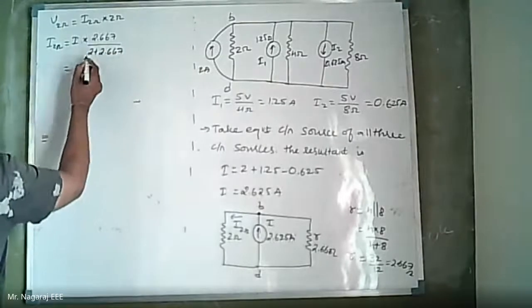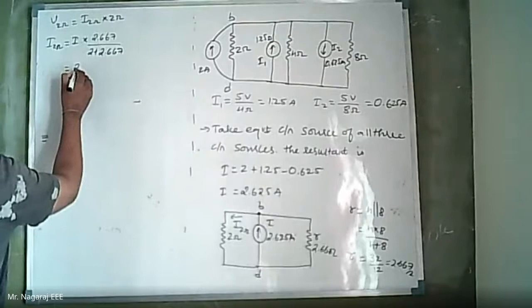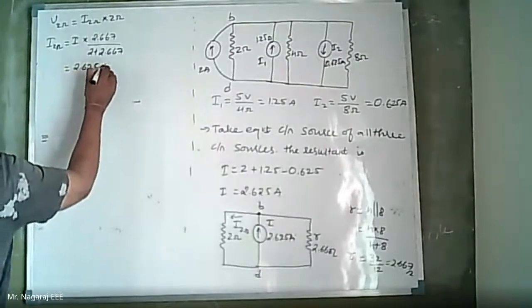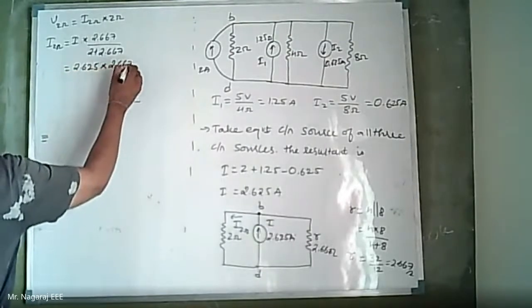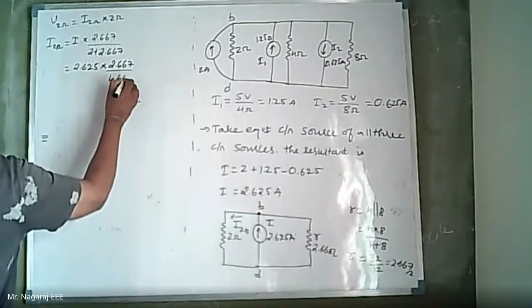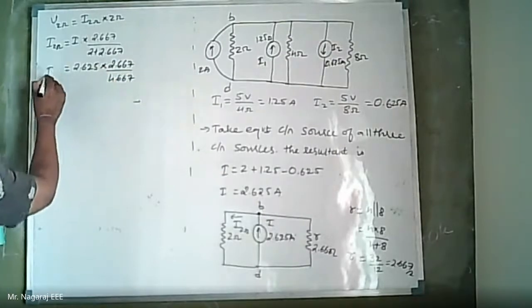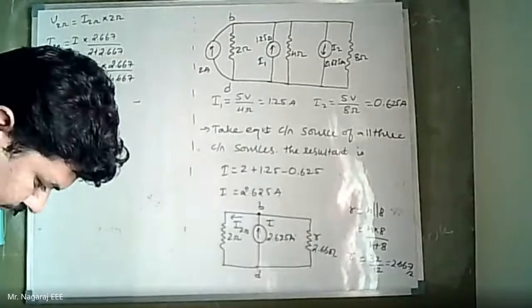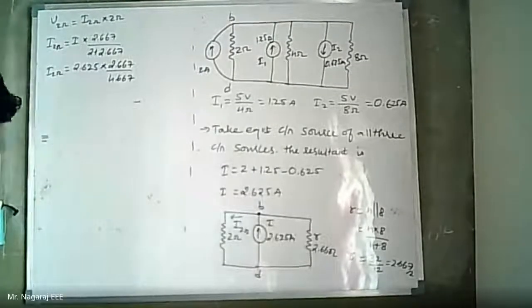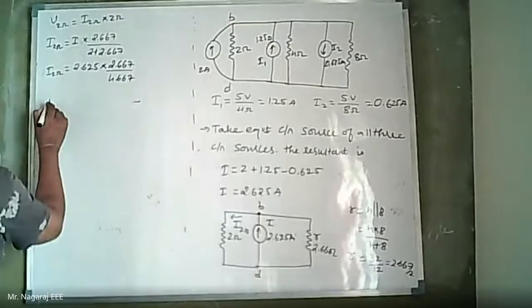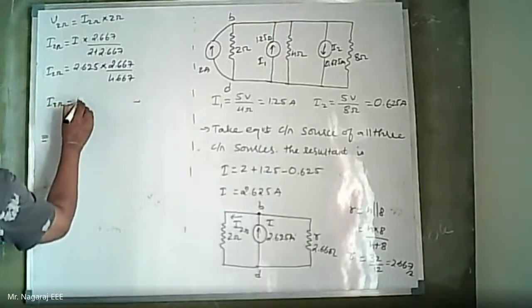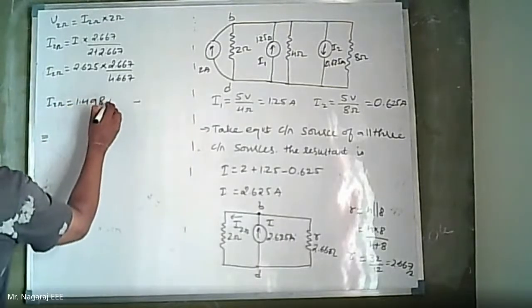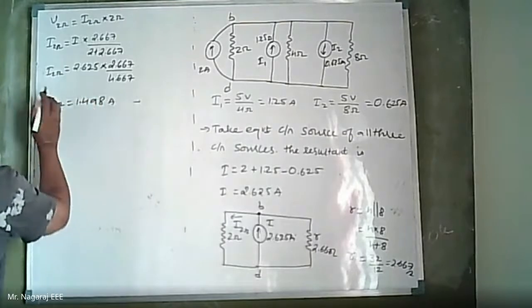So that is 2.625 into 2.667 divided by 4.667, which is equal to 1.498 amperes.